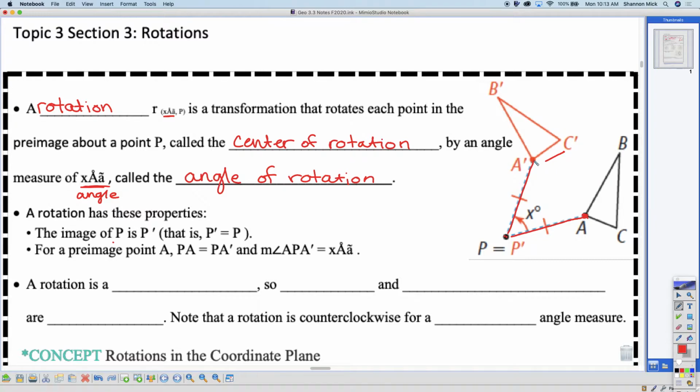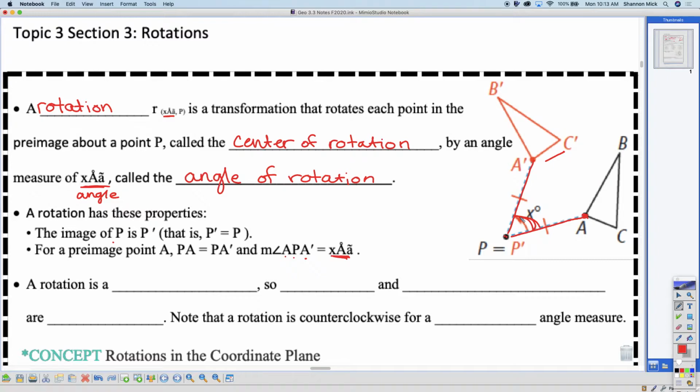That those are the same? Your picture looks better than mine. Remember, mine stretches it out once I put it up here. And the other thing I know is that the angle APA prime is equal to the angle of rotation. So this angle right here is your angle of rotation. So those are the two properties that rotations have.